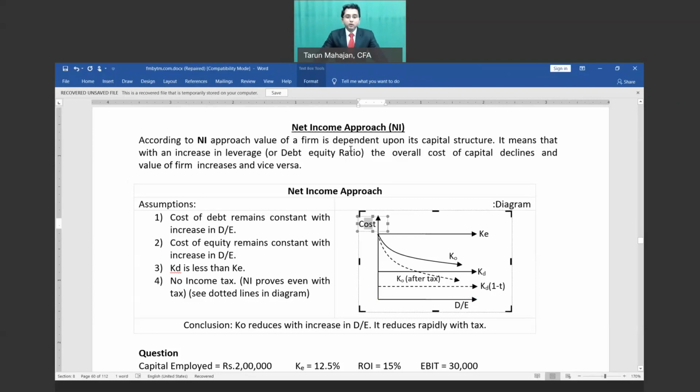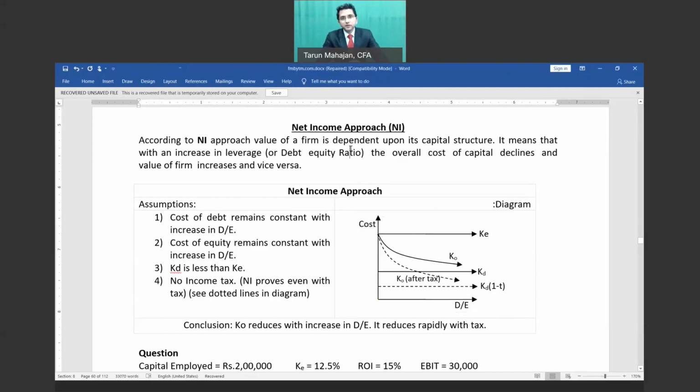So what I'm trying to analyze is: does the overall cost of capital reduce when I introduce more debt into the capital structure? There are some assumptions under the NI approach. Cost of debt remains constant with increase in debt equity ratio.